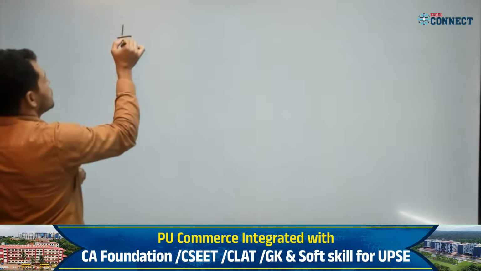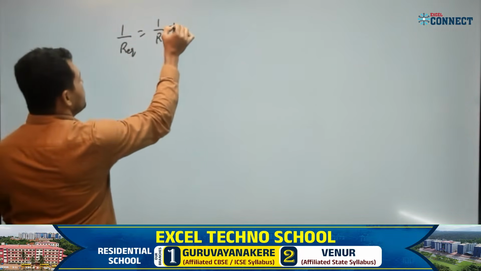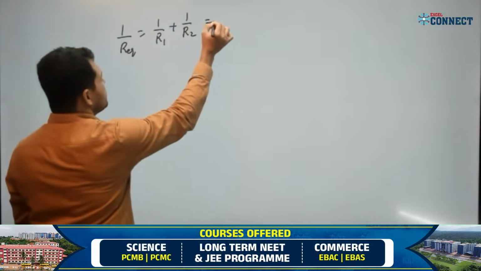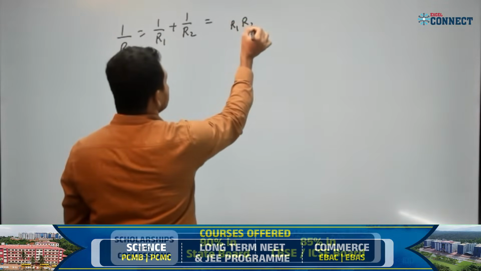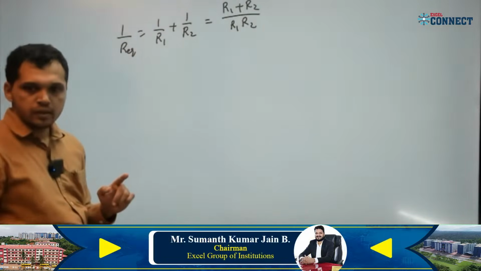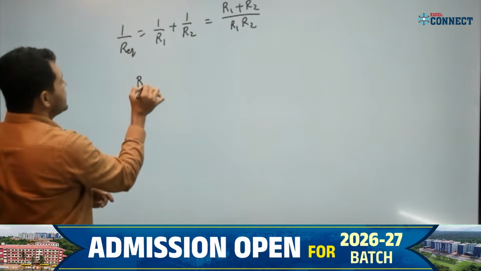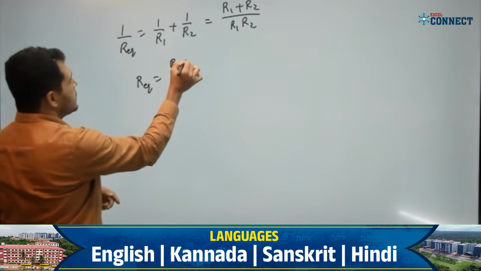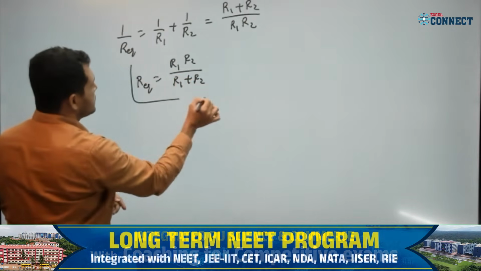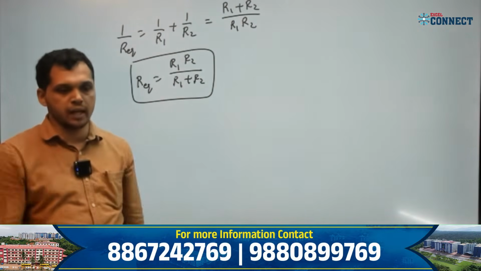Our original equation is 1 by R equivalent is 1 by R1 plus 1 by R2. Taking LCM, the denominator is R1 R2 and the numerator is R1 plus R2. Reverse this: R equivalent is R1 R2 divided by R1 plus R2.